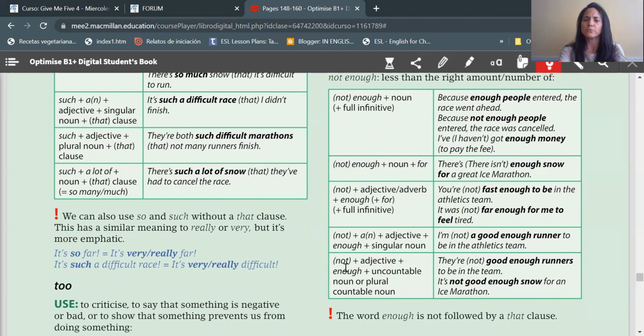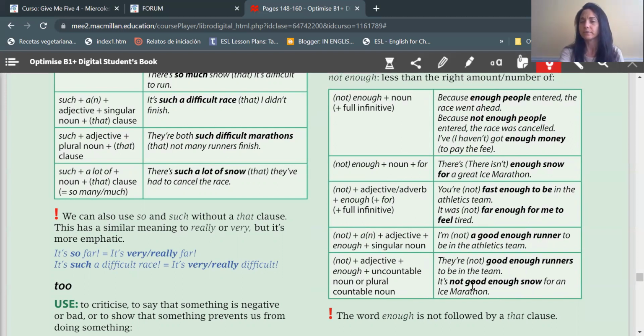Not plus adjective plus enough plus uncountable noun or plural countable noun. They are not good enough runners to be in the team. Good is the adjective, enough plus the plural noun, and then the to infinitive. Or it's not good enough snow for an ice marathon.